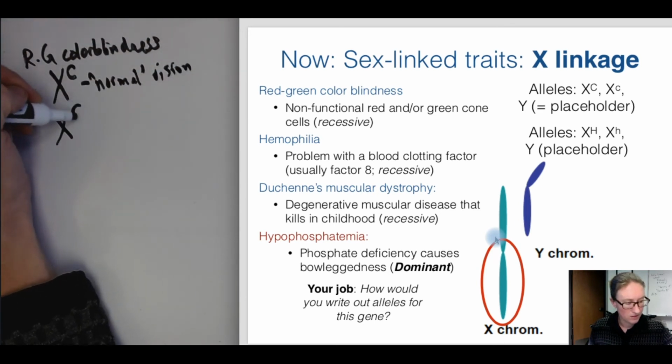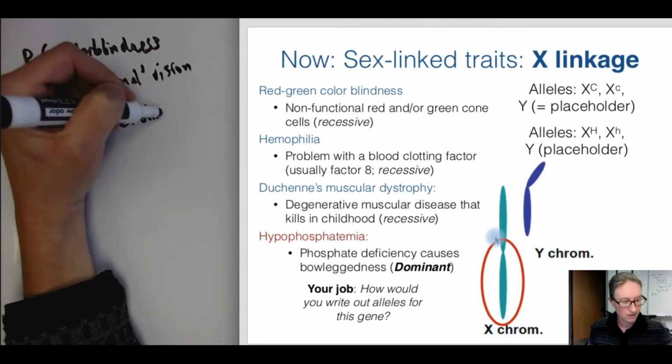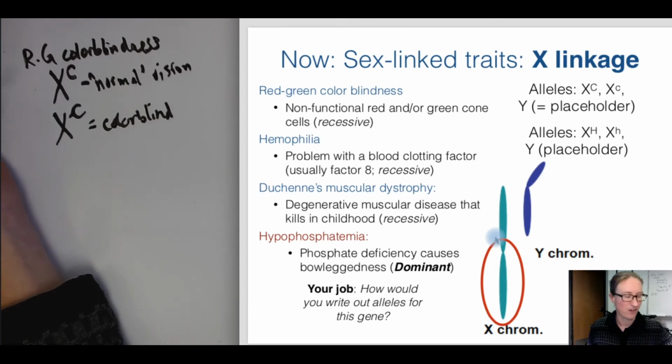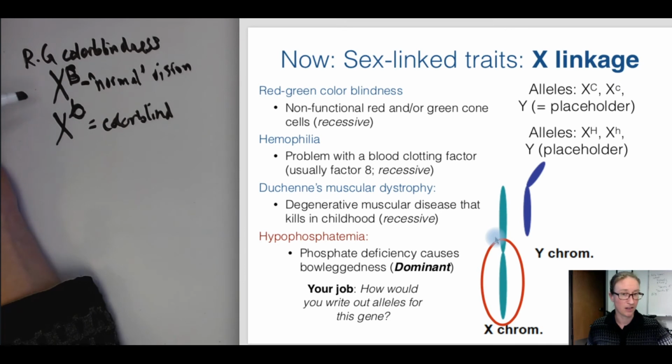X little c would be colorblind. And this actually illustrates where it might be useful to use a letter other than C, because it's a little hard to tell a big C from a little c. So you could do X big B, X little b for color blindness.